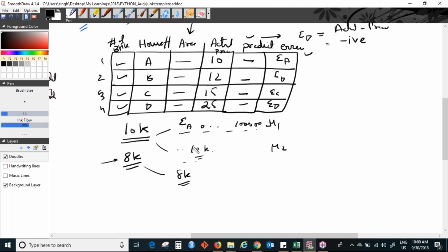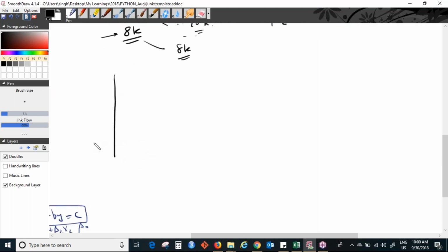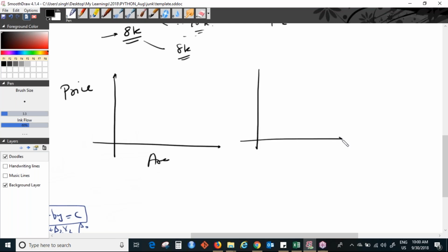So for example, let's say this is a model. This is price and this is area. Similarly, I have another model here. This is area and this is price. Let's say there are 3 points here.